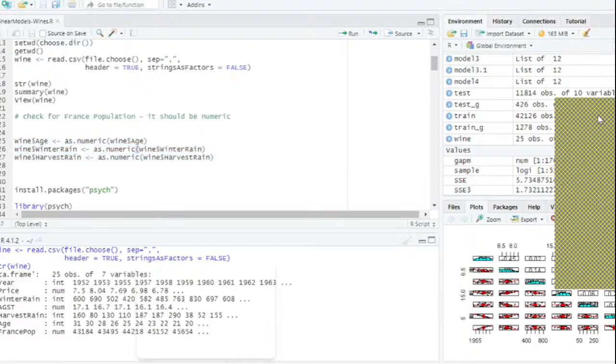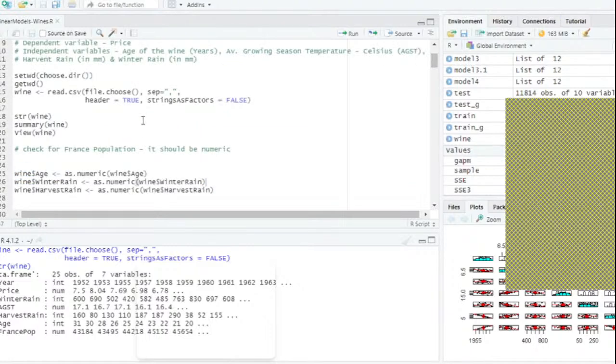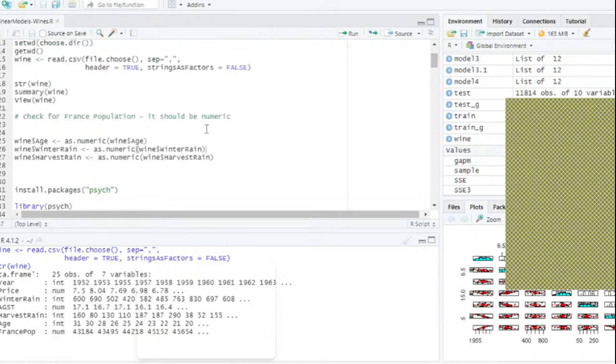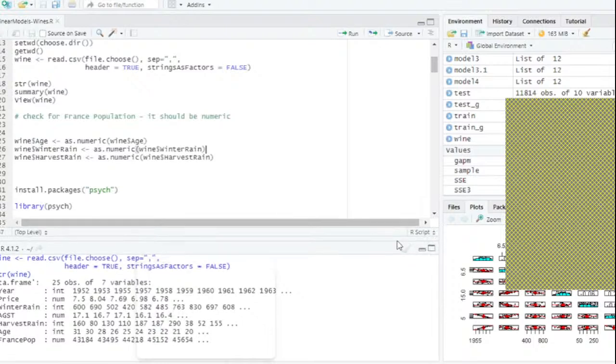Sachin, wine is not found. It says wine not found. What should you make of this error now? I have replied on this error multiple times for all of you, so I want some of you to take up and help. What is the issue?